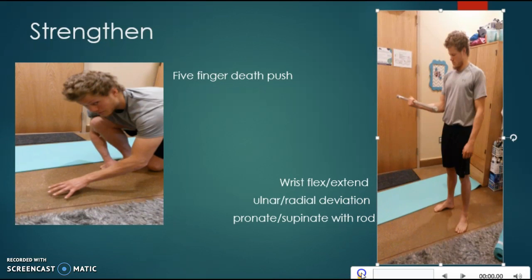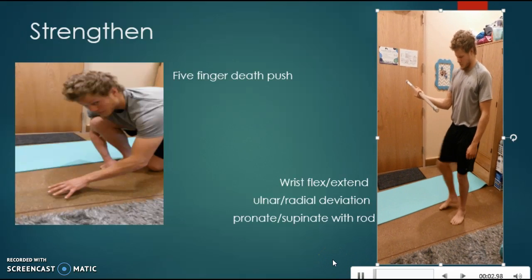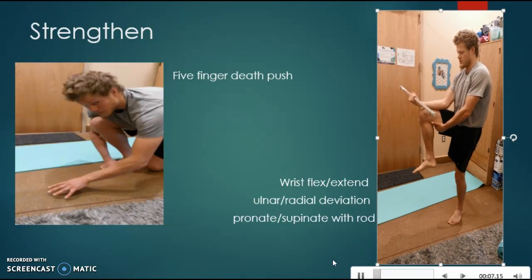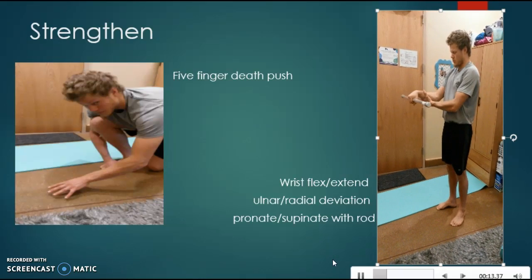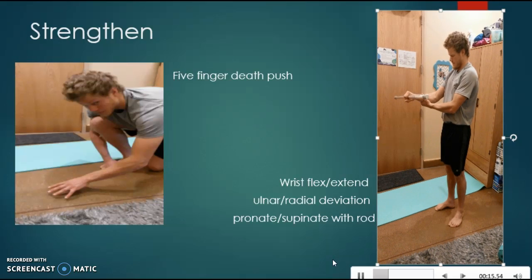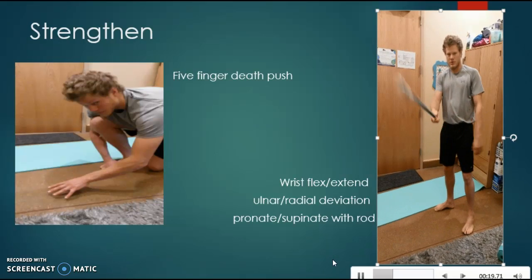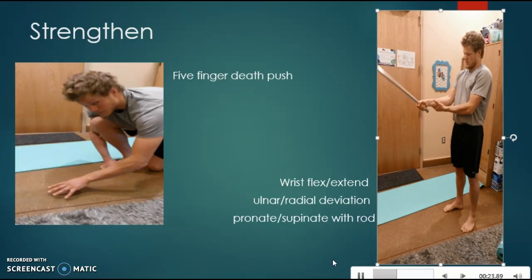On the right, we have using a dowel rod, or in this case, a curtain rod. This is wrist flexion and extension here. Radial deviation.